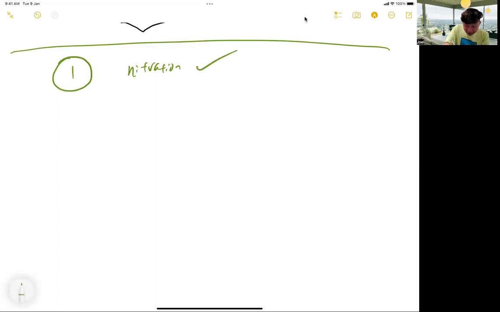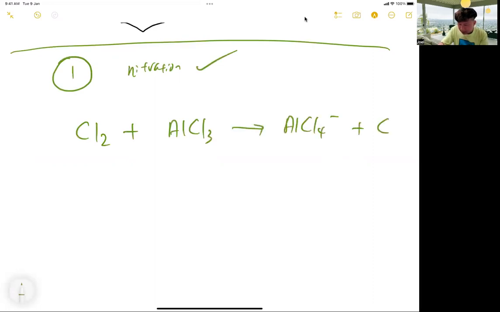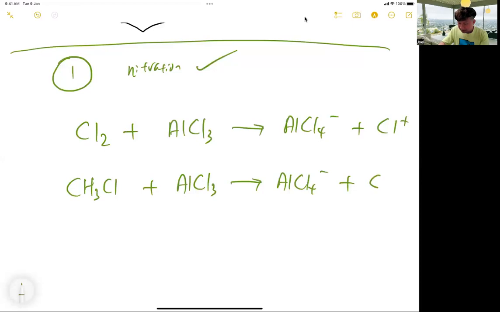Now the next one is halogenation. Cl2 plus AlCl3 gives you AlCl4 minus and Cl plus. For alkylation, CH3Cl plus AlCl3 gives you AlCl4 minus and CH3 plus.